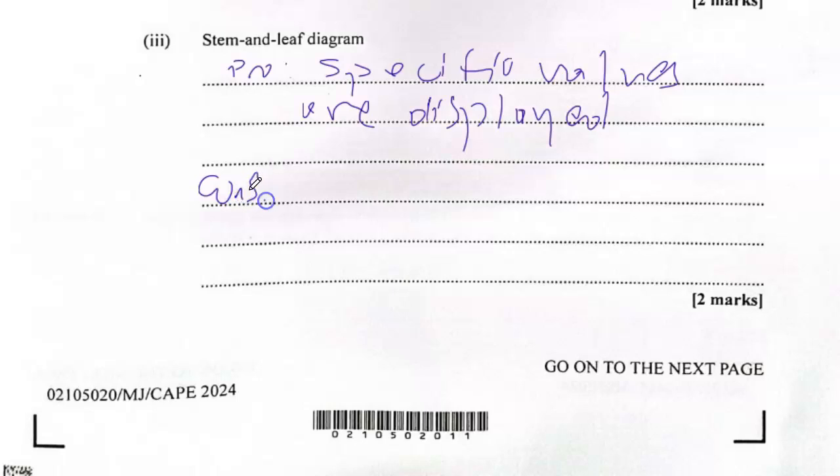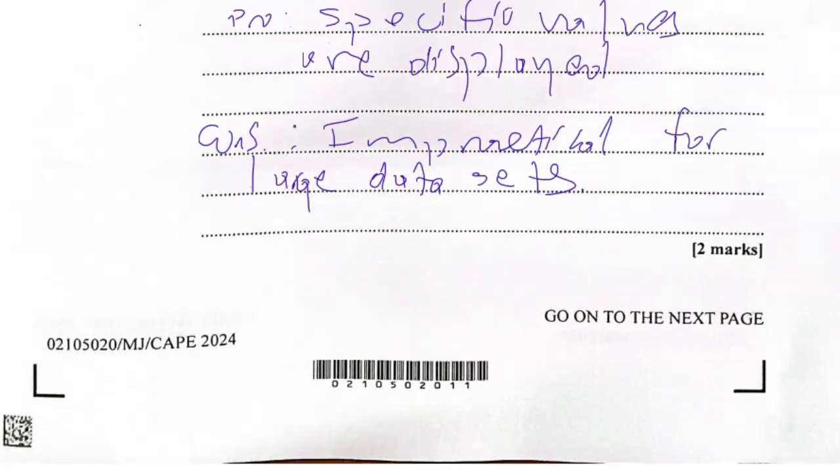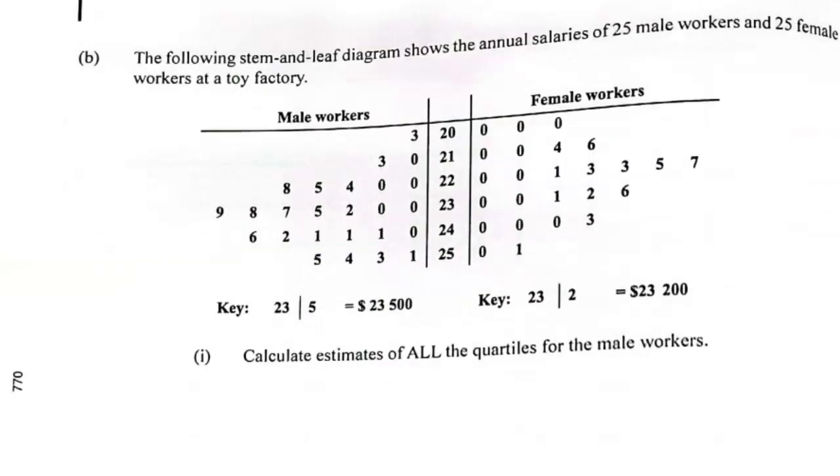Disadvantage, it's impractical for large data sets. Because since you're showing the specific values, it's very impractical if you have a large set of data with tons of numbers. Alright, part B.